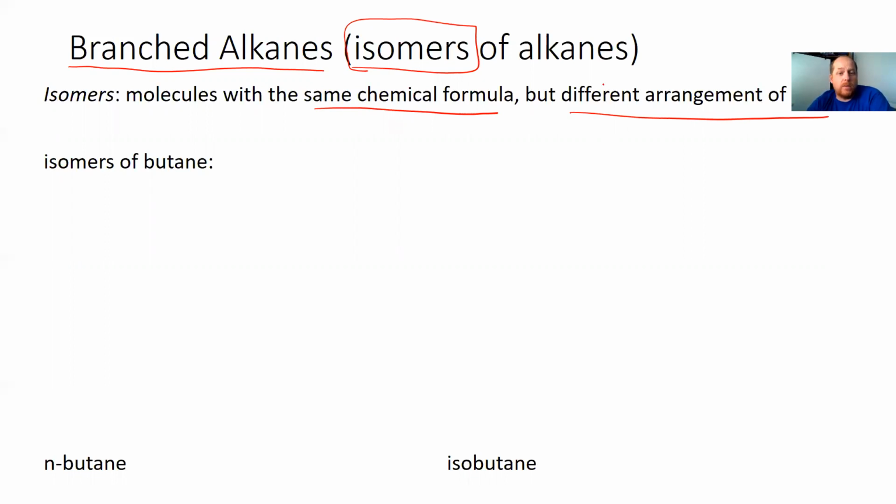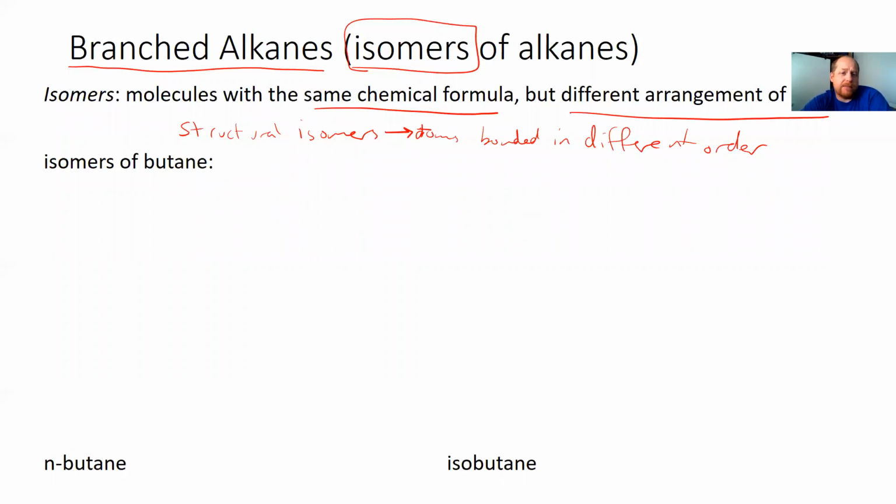So in other words, when we talk about the arrangement of atoms, what we're going to really look at initially are called structural isomers. And structural isomers are isomers where the atoms are bonded in a different order. Okay, so when we say a different arrangement of atoms, there are going to be different versions of isomers out there.